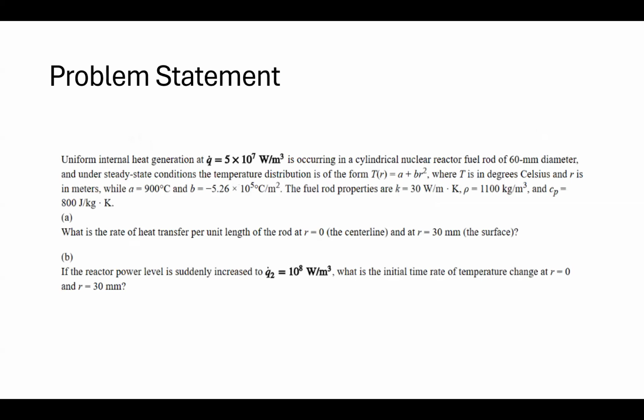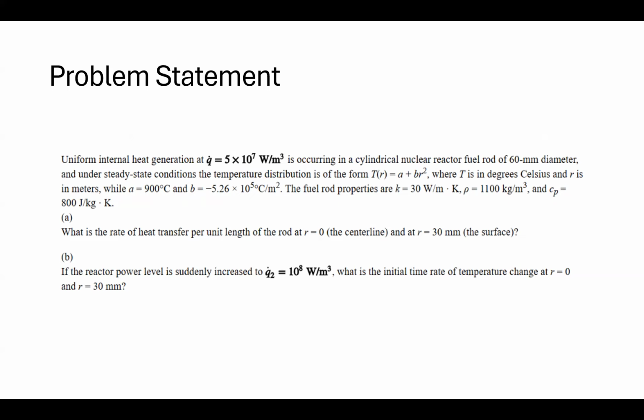So looking at the problem statement, we're told that we have uniform internal heat generation occurring at 5 times 10 to the 7th watts per cubic meter. This is occurring in a cylindrical nuclear reactor fuel rod with a diameter of 0.06 meters.